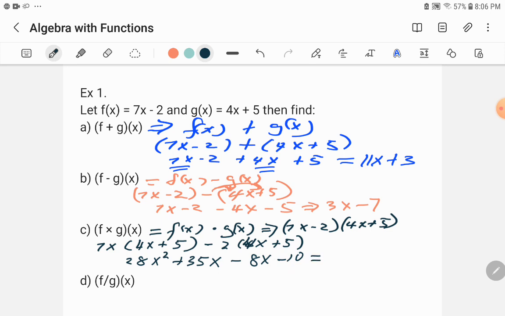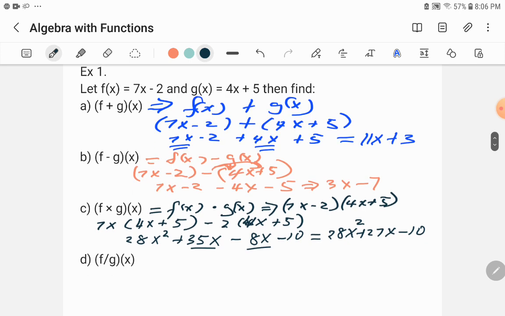And combine like terms, well, 28x squared. So the only like terms are here, and so that should be 27x, plus 27x, and then minus 10.